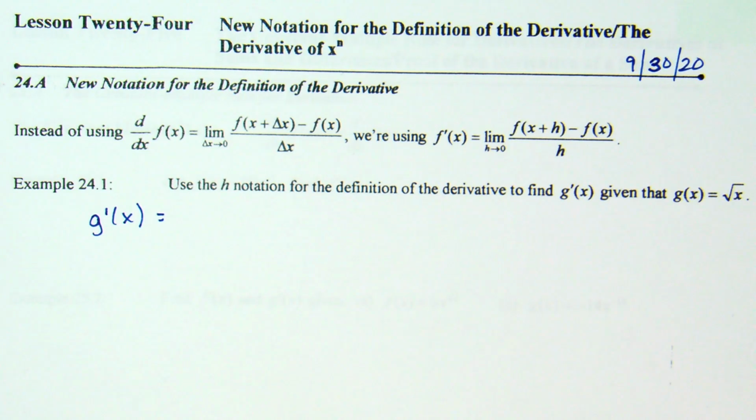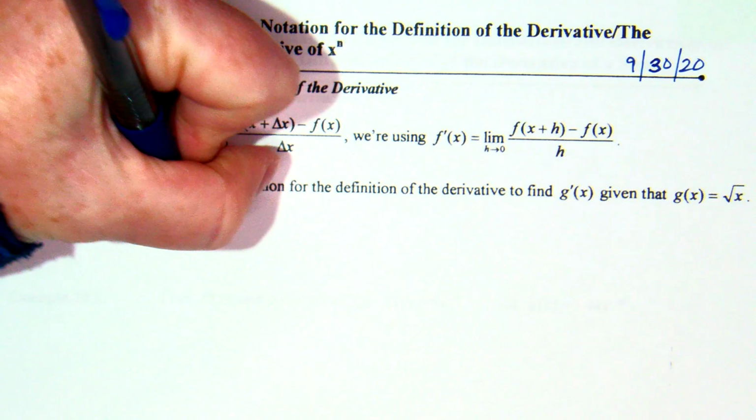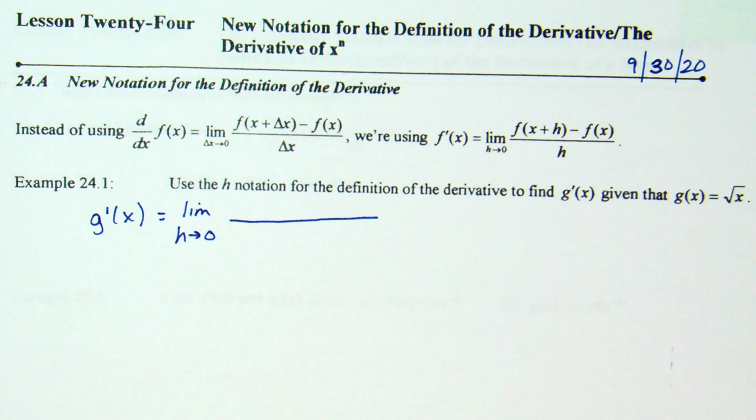Using our new one, it is the limit as h approaches 0 of f of x plus h. Every place I see an x, I'm going to replace it with x plus h.